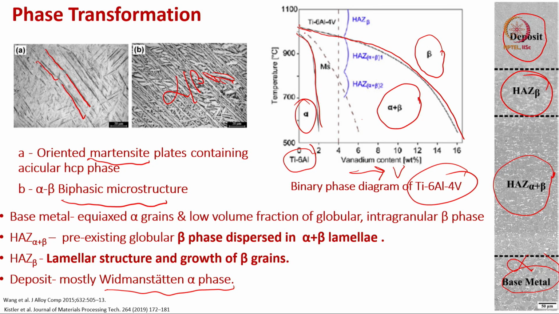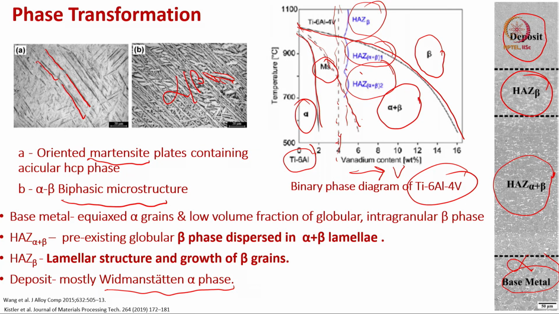If you superimpose the martensite start temperature MS, it follows this kind of trajectory, and this is Ti6Al4V. If you draw this 4% vanadium on this particular binary phase diagram, then you can see the temperature of the beta dominated heat affected zone or the alpha plus beta dominated heat affected zone.